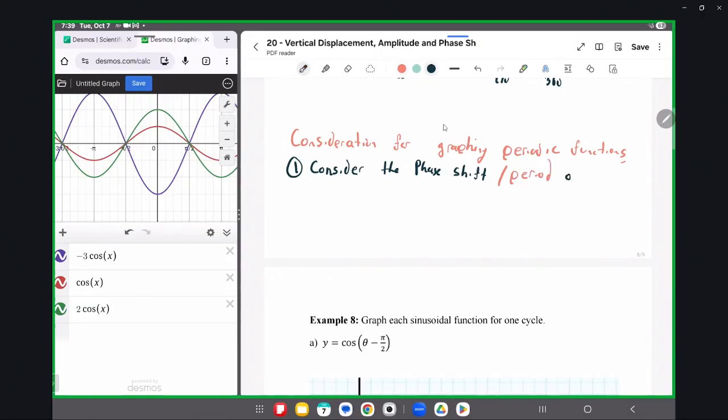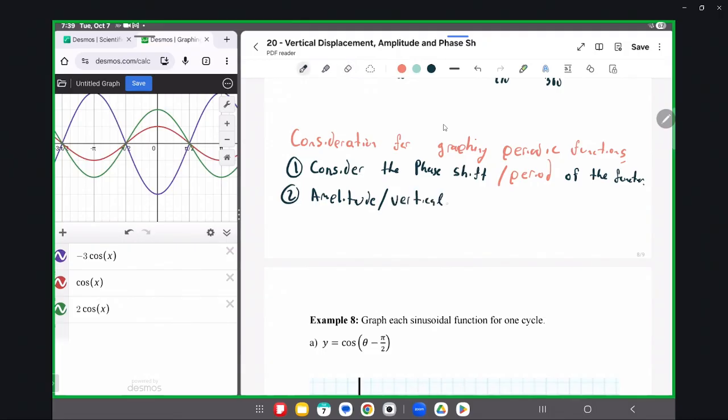Again, the period doesn't exist yet. We know the period is going to be 2 pi. In the future, we're going to shrink that, but that's a topic for tomorrow. We're going to consider the phase shift of the function. Number 2, after that is where we worry about everything else. So this is like the amplitude, displacement, or I should say vertical displacement.